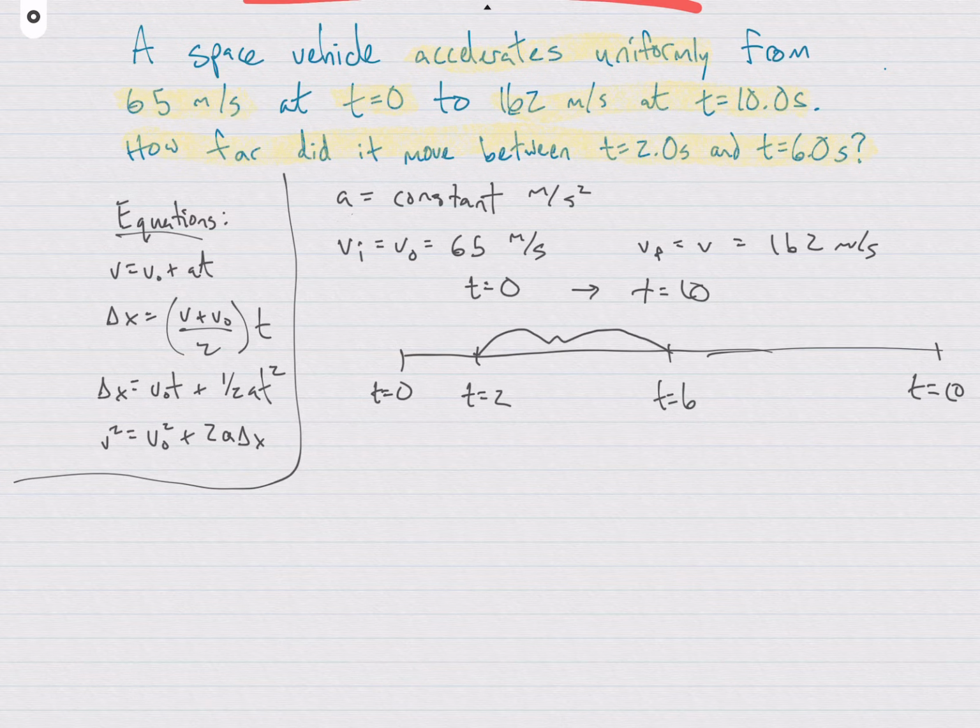Because you can think about it like this: if we find the acceleration with the information that we have, because we only know this point and this point, what we want is a way to find the distance at this point. But none of these equations fit. The final velocity we don't have at t equals 6, and we don't have the acceleration there, so we cannot solve the first one.